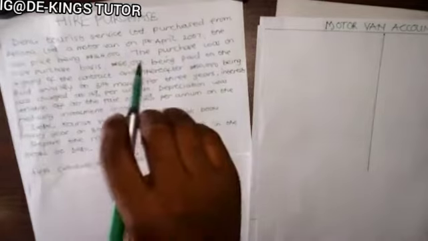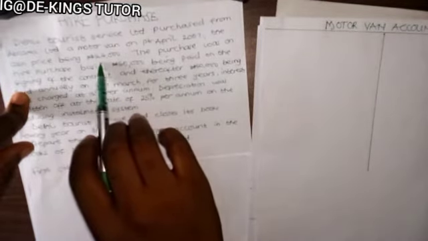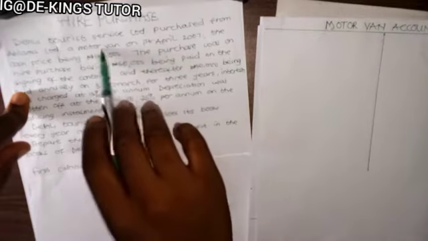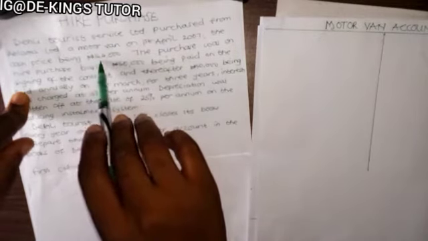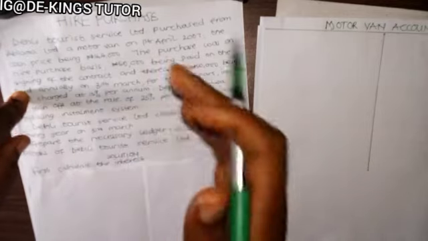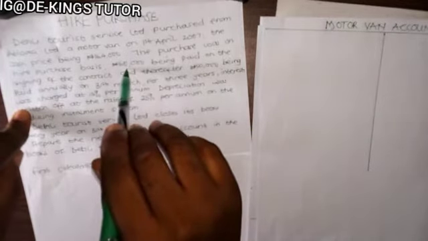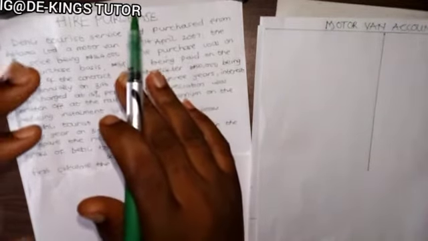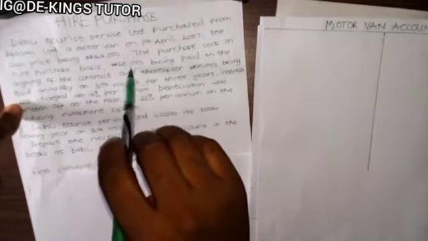Now, they said the cash price being 164,000, and this is the amount of the asset. So if the hirer has this money, he can purchase outrightly. But if he doesn't have this money, that is when hire purchase comes in. He has to pay 50,000 as initial deposit.